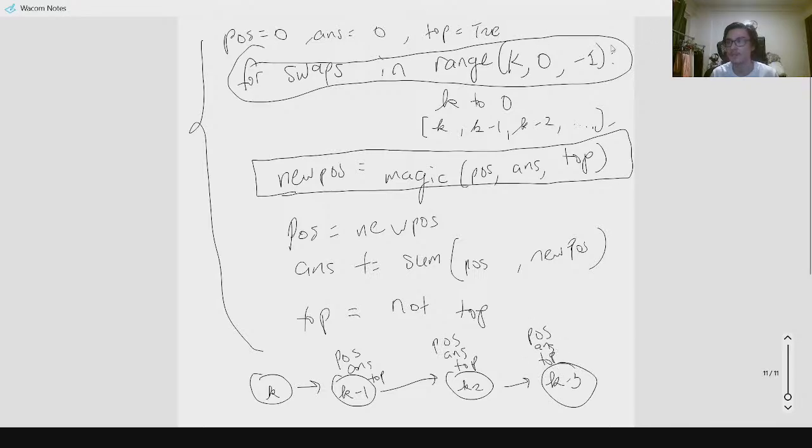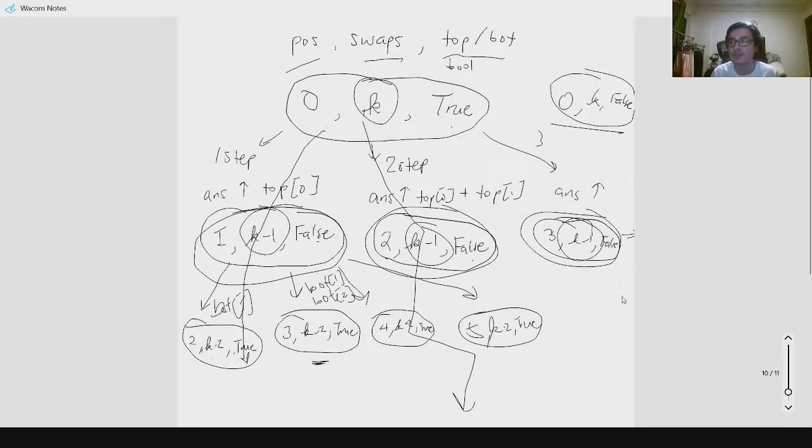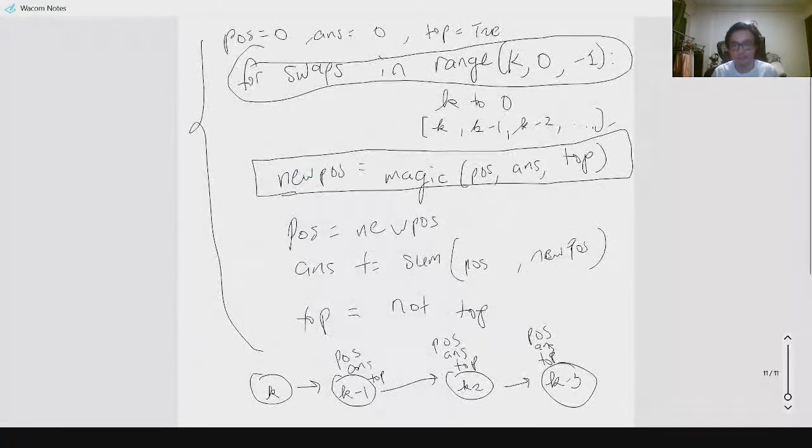Okay, what was our drawing earlier? I want to account for the possibility that if I move from k to k minus 1, I want to try to explore many different options. So I want to write this in a different way. How do I write this in a different way?